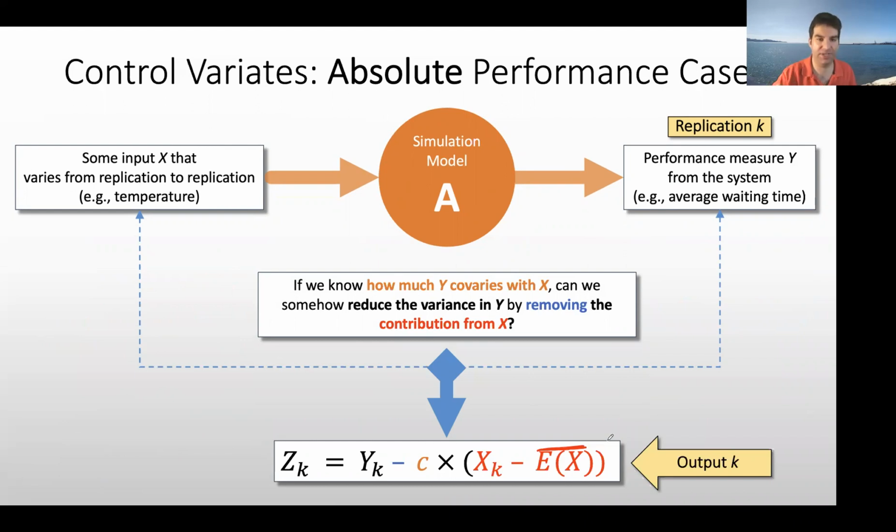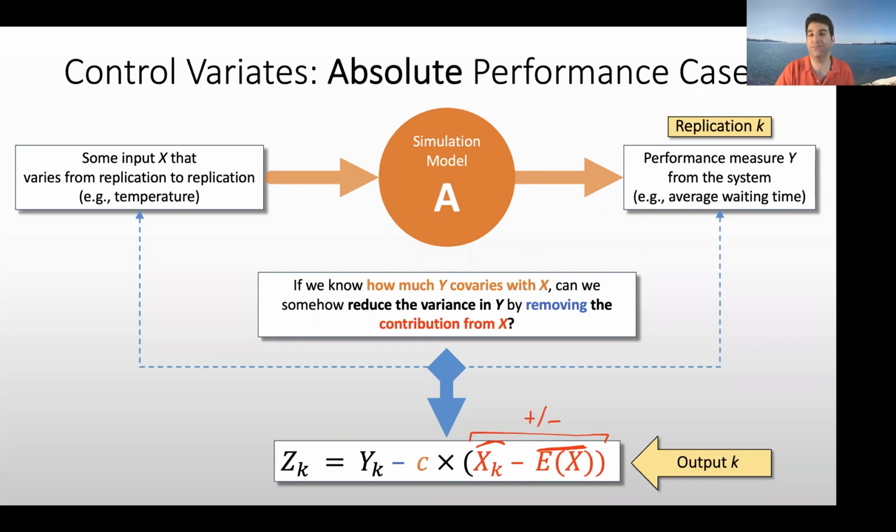And then for this replication, I know its average interarrival time. So I can calculate how much better or worse this replication is relative to the average case where everybody arrives at exactly the average interarrival time. And that's going to calculate some difference here. That might be positive or it might be negative.